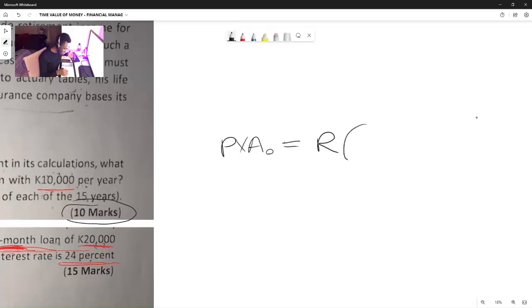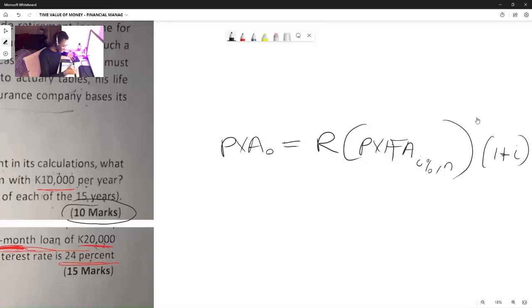We're going to multiply that by the present value interest factor of an annuity, right? Then we're going to put our little i there, our percentage, and the number of periods, and then close brackets. If this was an annuity due, we would add 1 plus i here, right? But since this is an ordinary annuity, we don't need to do that.